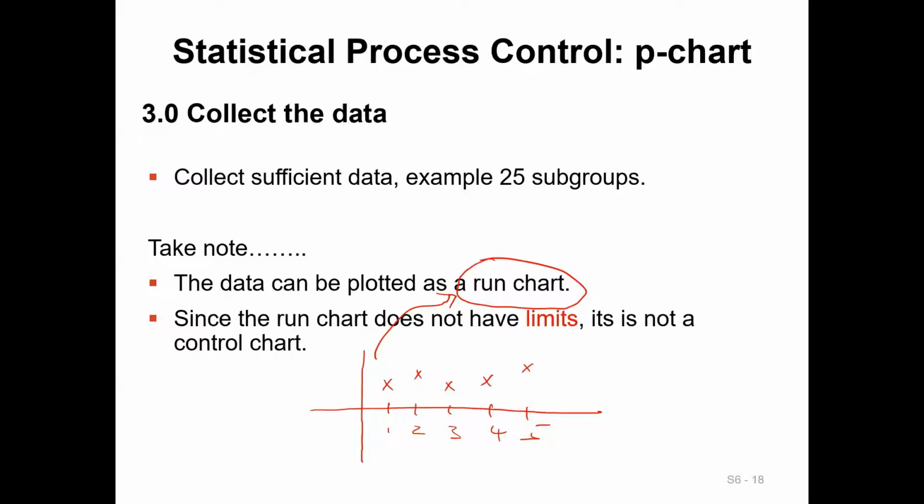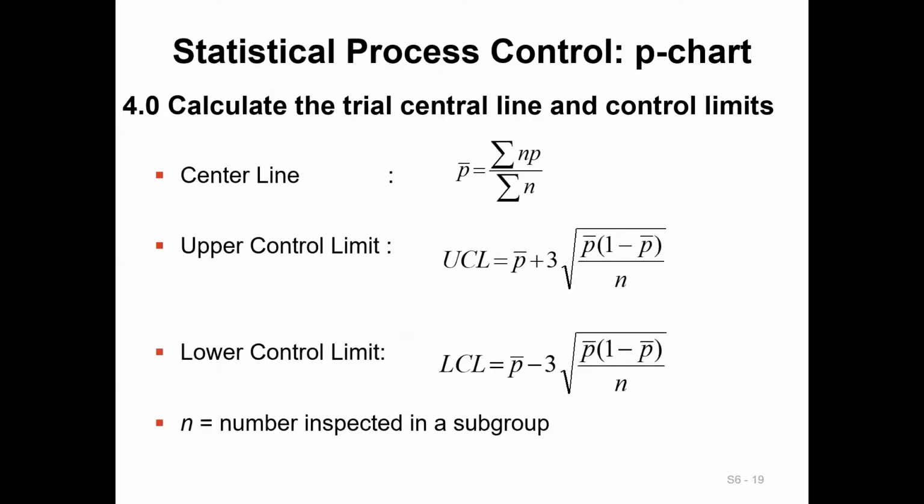Therefore, a better way of monitoring attribute quality characteristics is by using P chart and NP chart. Okay, so now step number 4, calculating the center line and control limit. This is very straightforward. What's NP? By now you should know NP is the defective items.